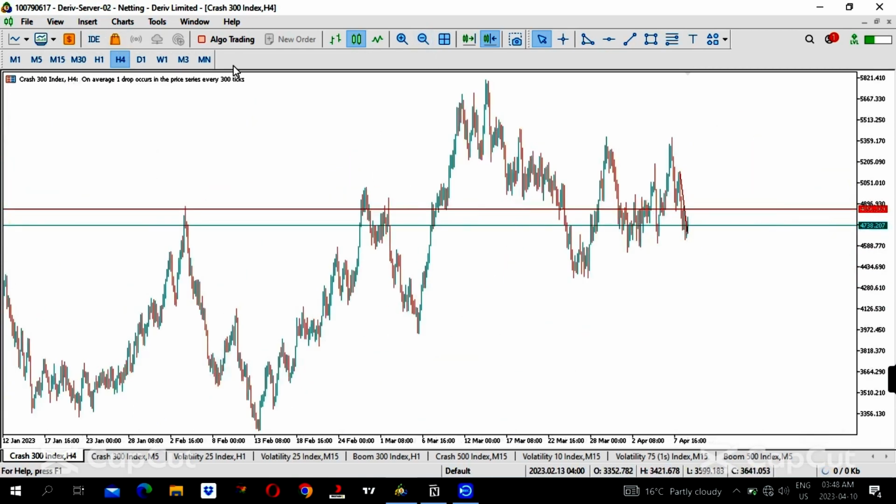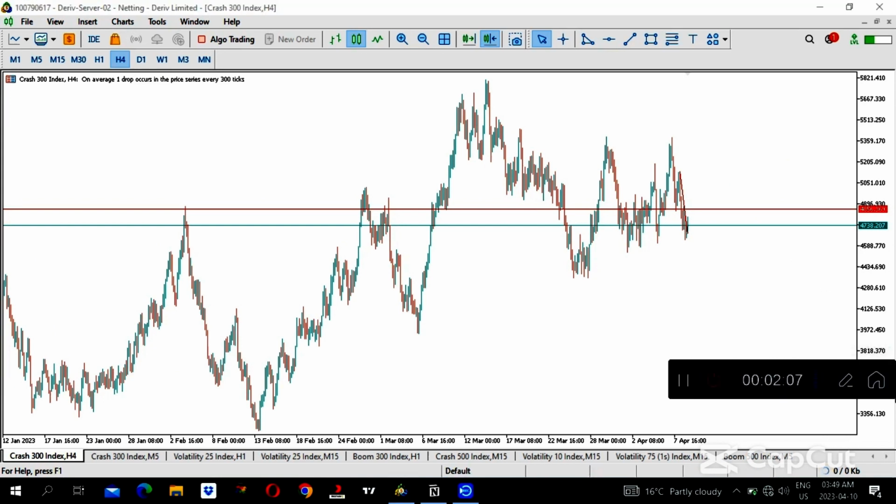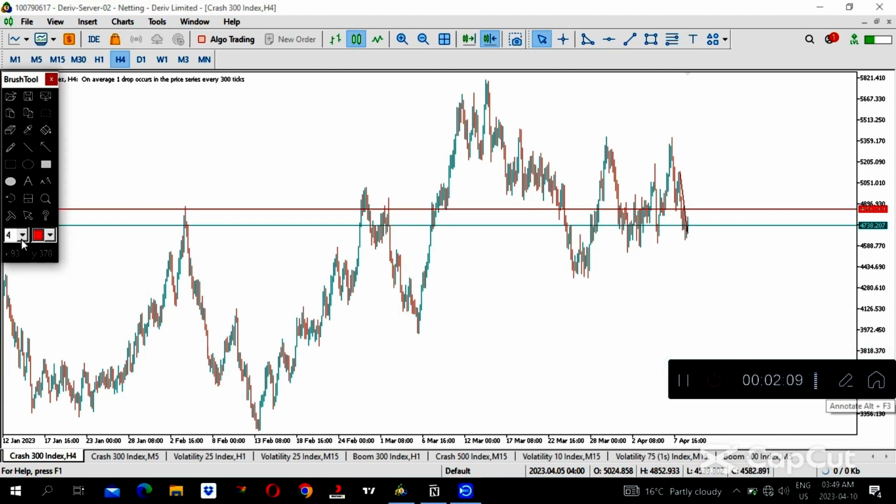So on the H4, as you can see, generally this is an uptrend. Let me just show you what I mean when I say that this is an uptrend. As you can see, generally, right here we are going down. This is where we're going. We're still in a downtrend over here.